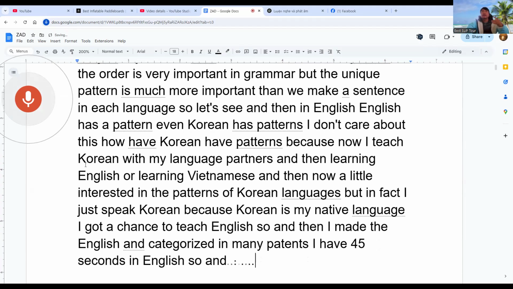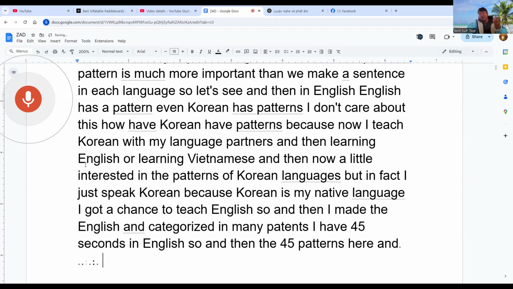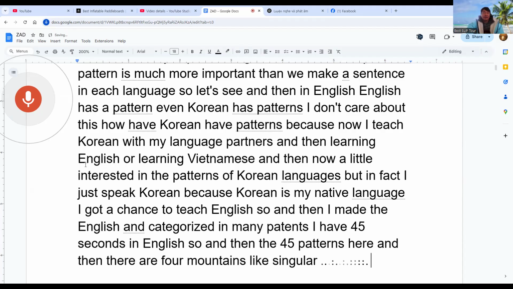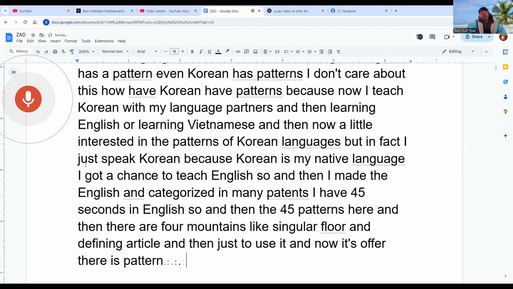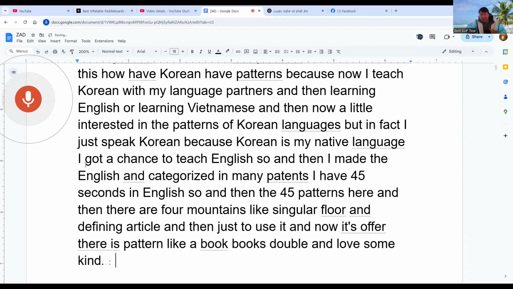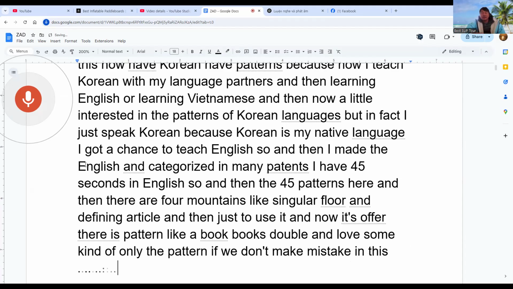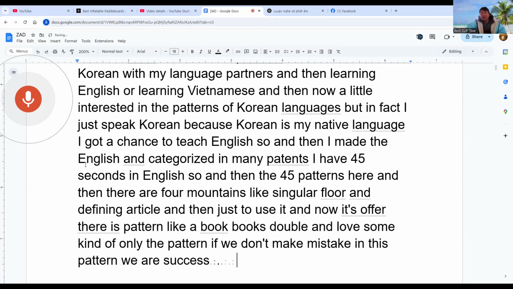Among the 45 patterns, there are four noun forms: singular, plural, the definite article, and the noun itself. There are patterns like a book, books, the book, and love. If we don't make mistakes in this pattern, we successfully reduce mistakes in building sentences.